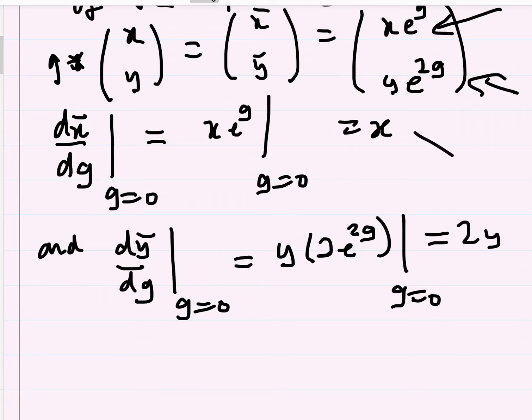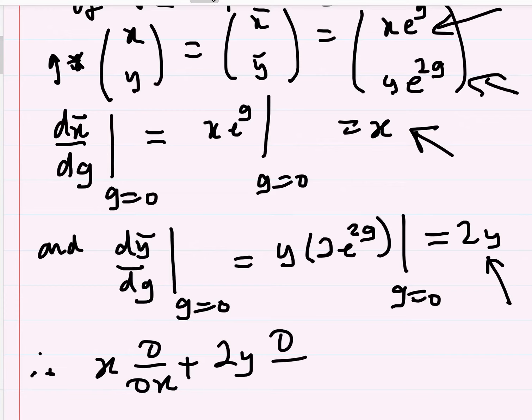So this will be the coordinate of d by dx, and that will be the coordinate of d by dy. Therefore, the tangent vectors are given by x d by dx plus 2y d by dy. So these are the tangent vectors in vector field form corresponding to the one parameter Lie group of transformations.